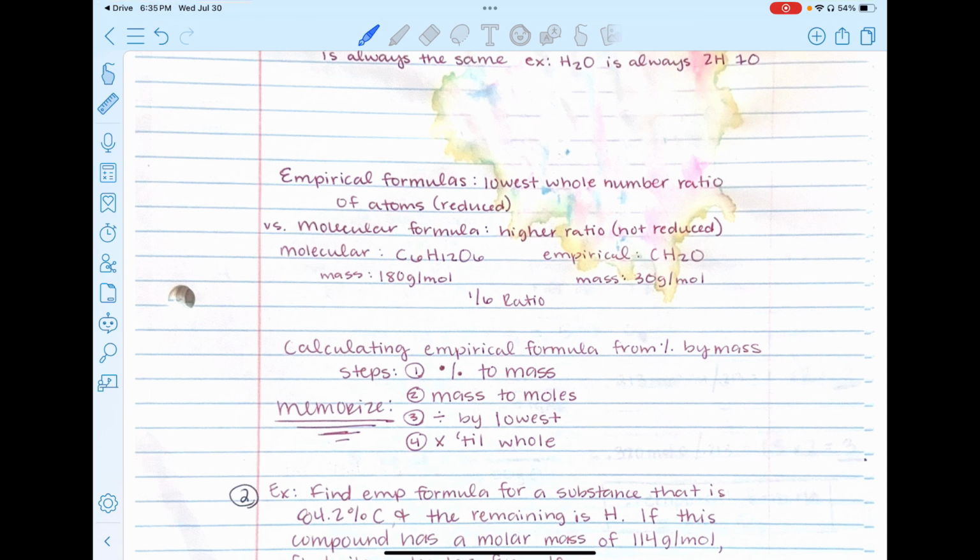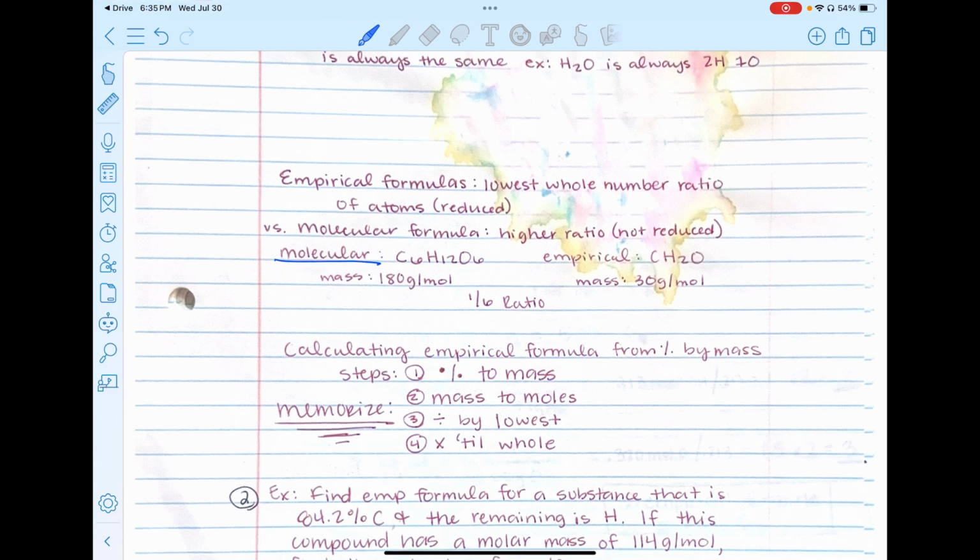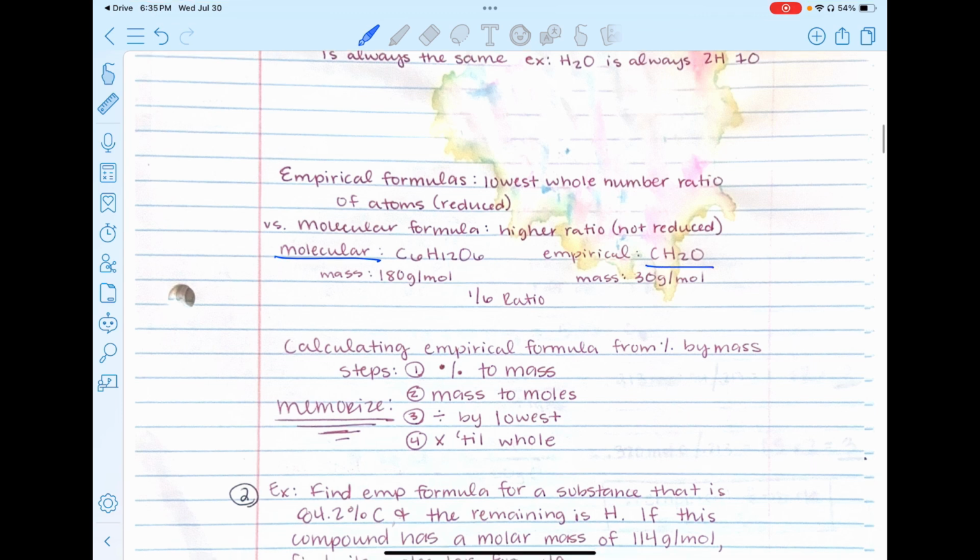So a molecular formula, for example, could be C6H12O6. We should recognize that one from biology. That's glucose. If we were to simplify that, what would our greatest common factor be of 6, 12, and 6? 6 would be our greatest common factor, so divide all of those by 6. Our reduced form would be CH2O, and that would be the empirical formula.